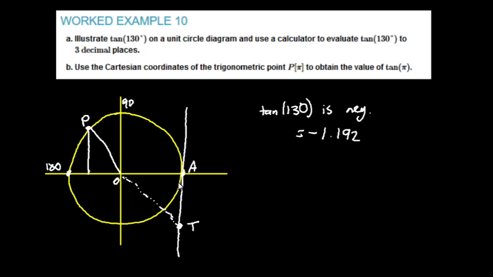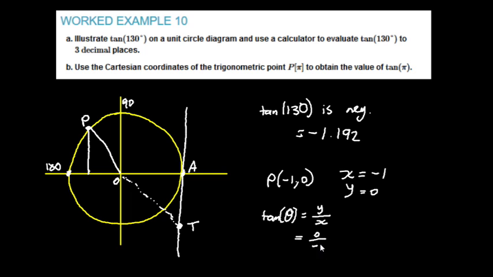So it's the Cartesian point P minus 1, comma 0. In other words, x is minus 1, y is equal to 0. Since we know that tan of an angle is our y over x, we have 0 over minus 1, which is just 0.